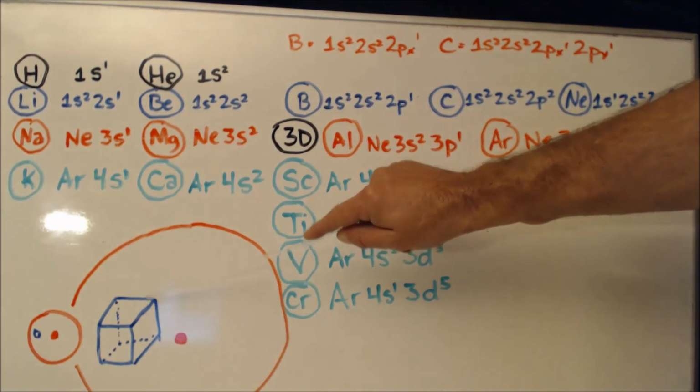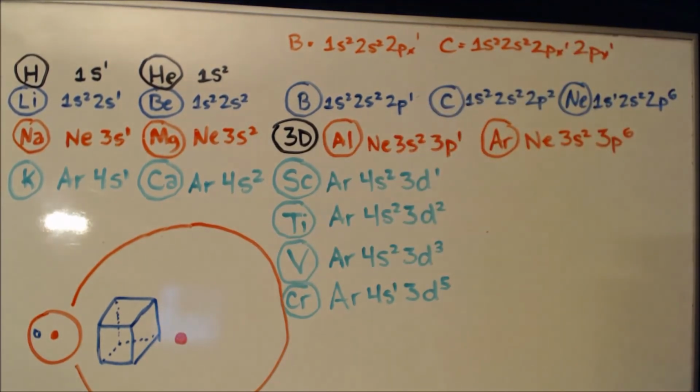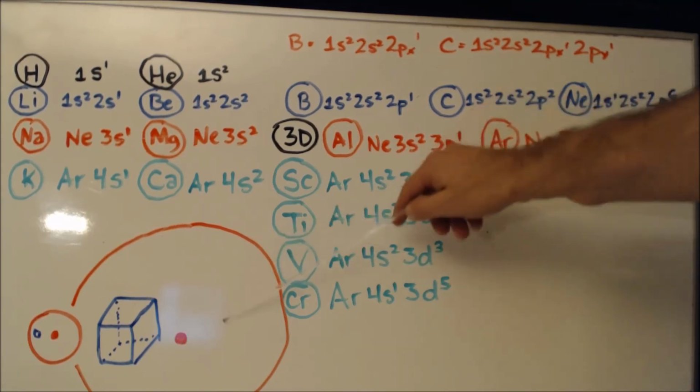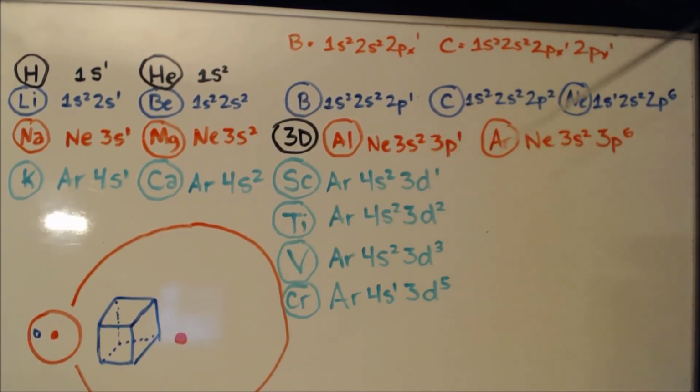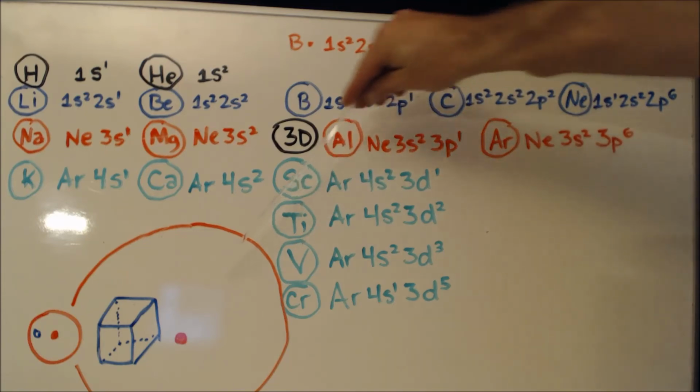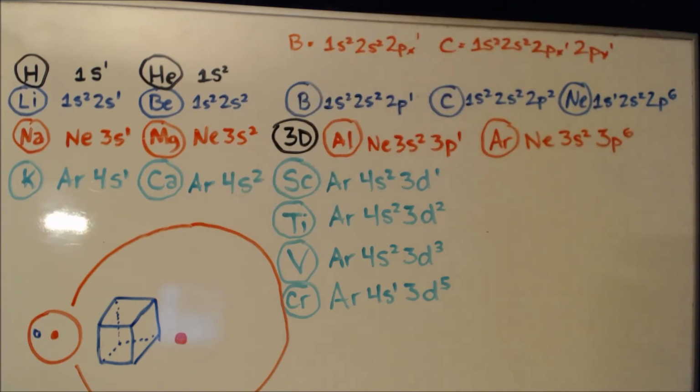But look at this cube. The area and the volume is just drastically changed, meaning there's more space for the d electrons to go in between the p orbitals. Okay, when it's this small, it doesn't happen because there's not enough room. The repulsion between the other electrons is too high.